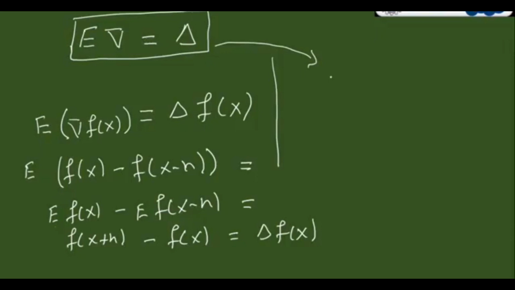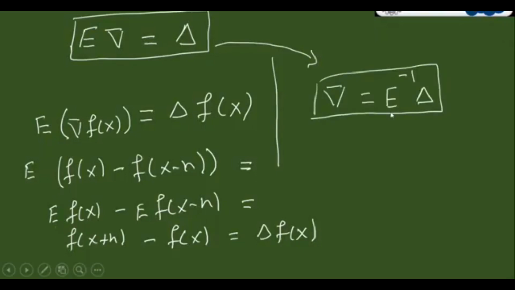I just shifted the shift operator to the other side, so it becomes the inverse operator, treated as a power. So this is another relation deduced from it. So what does it say? If you want to apply the backward difference operator, you can do it differently: apply the forward difference operator and then shift one unit back by applying the inverse shift operator. You will get the same result. So this is just a relation.